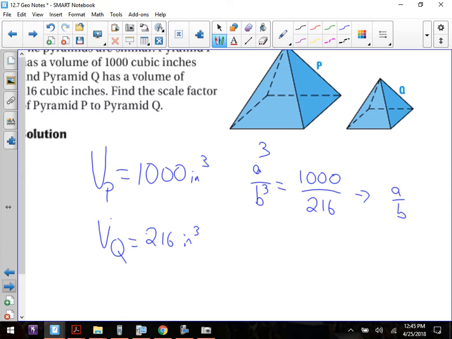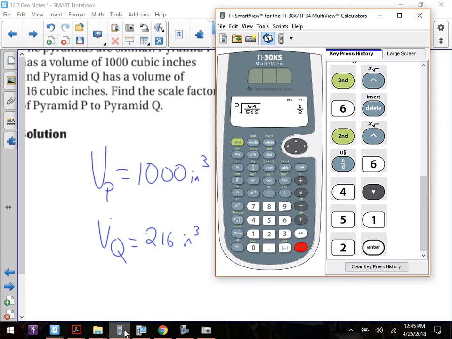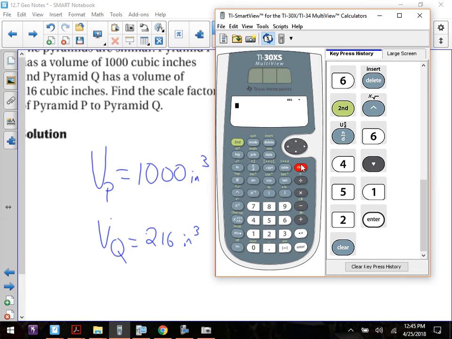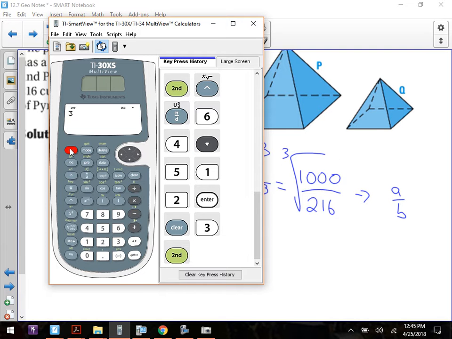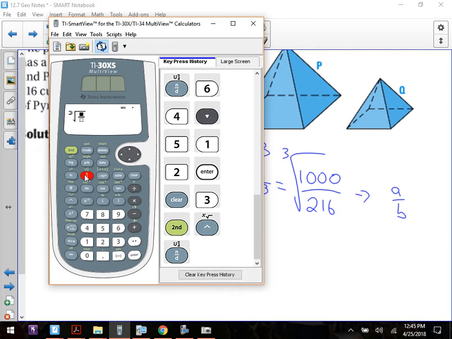Cube root. So in your calculator, this becomes a couple of buttons that you've just started using. Remember, to get the cube root symbol, we typed in 3, second, caret. And then I can put in the fraction bar by just hitting the regular fraction bar button.